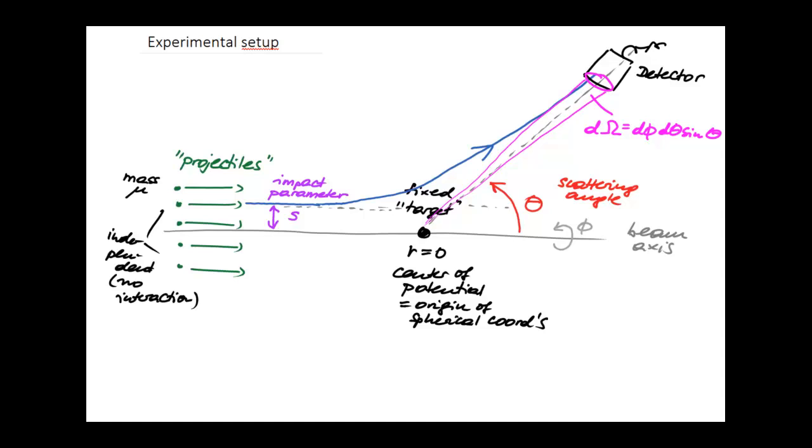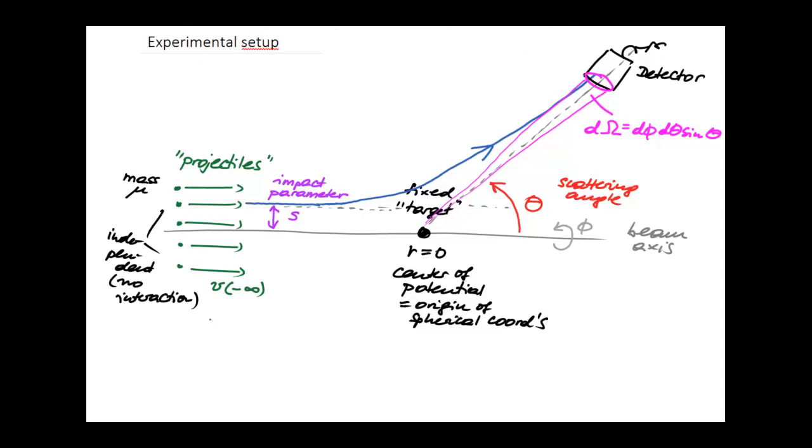The incoming projectiles all have the same velocity far away from the target. Far away from the target, they have velocity v, and let me write v at minus infinity.